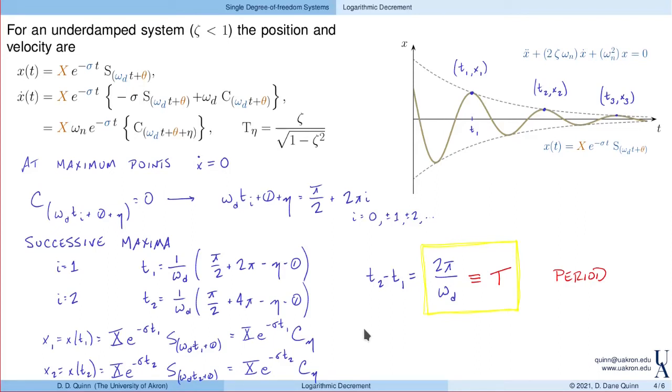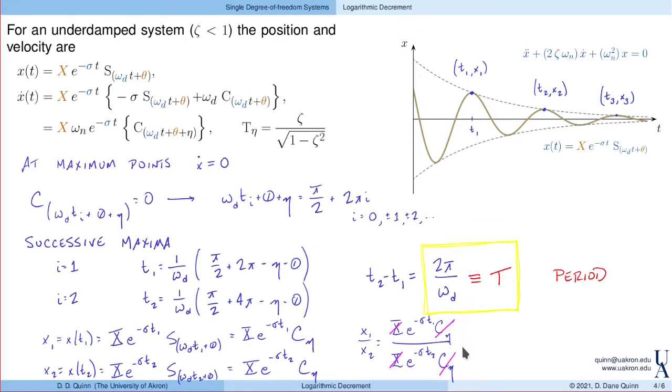So x1 divided by x2, well, let's rewrite that, and let's rewrite the bottom. And look what happens. This term cancels out, as does the cosine of eta.